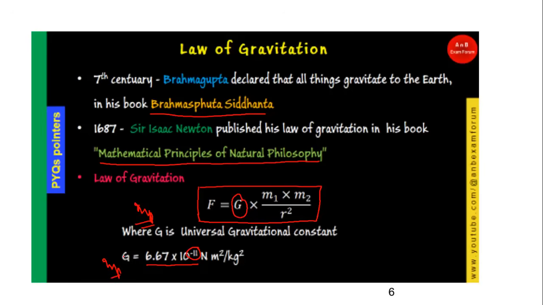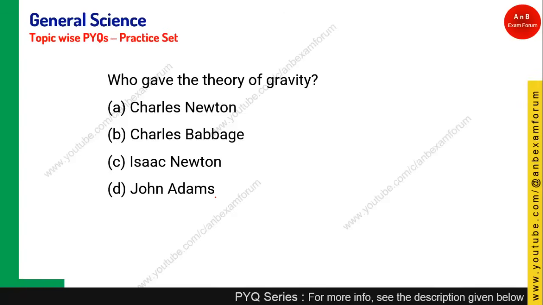In the law of gravitation, you should remember the universal law given by Sir Isaac Newton, and this formula. So the question is, who gave the theory of gravity? As I told you, it is Sir Isaac Newton.